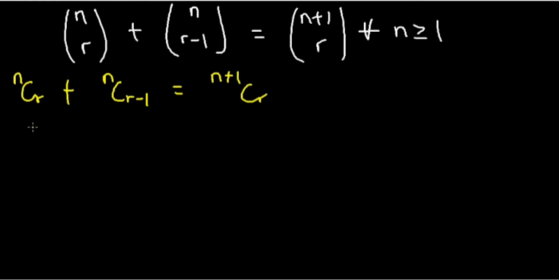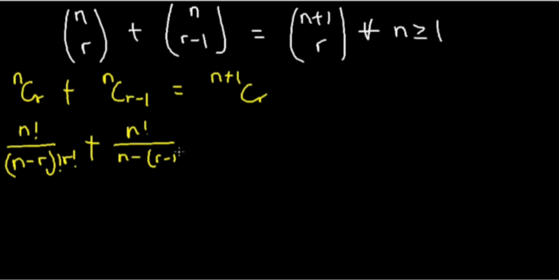So this is N factorial over N minus R factorial, isn't it? Plus N factorial over N minus R minus 1 factorial R minus 1 factorial.